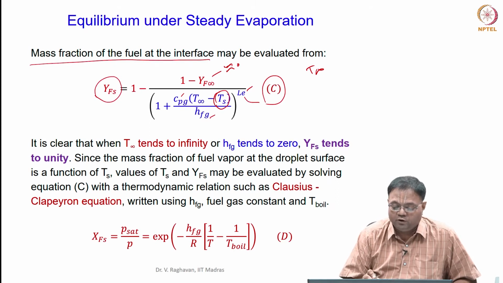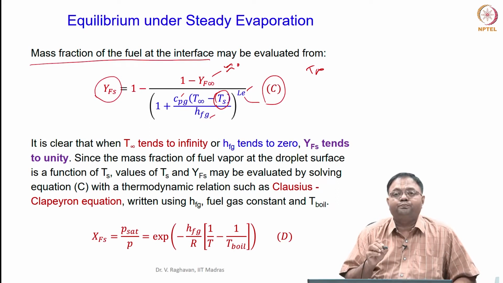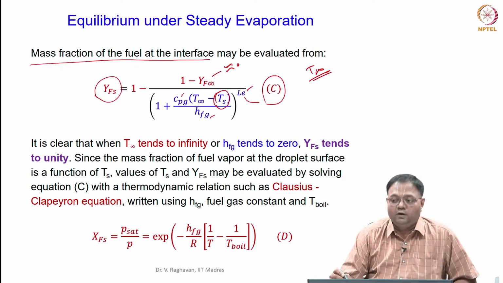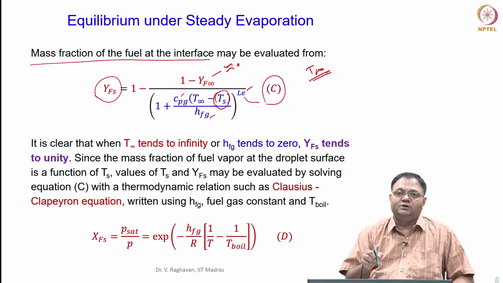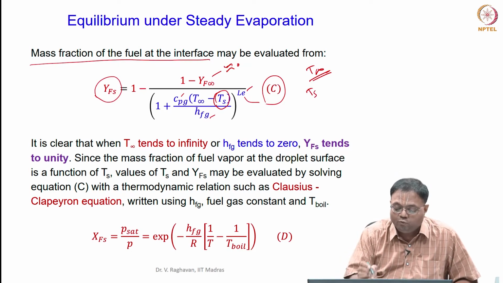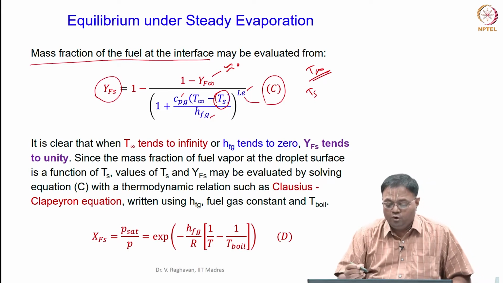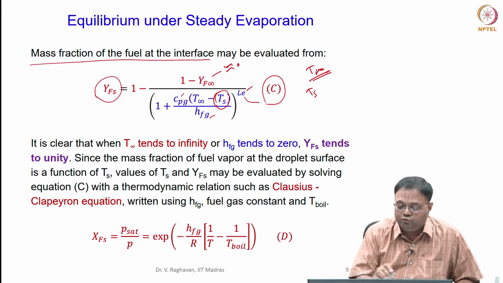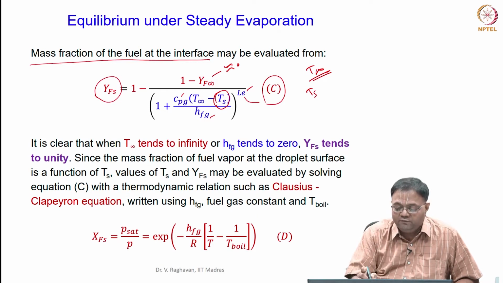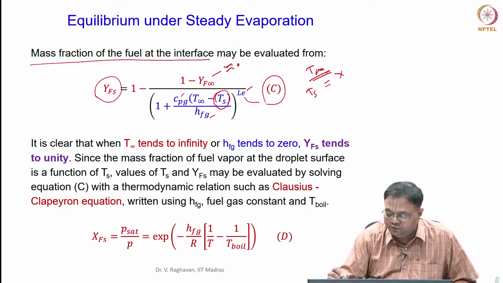So what we can do is ask: what is the equilibrium temperature for a given T infinity? There is a particular temperature which will be Ts, and that will obey this equation. Do you understand? When you try to equate these two, there is a particular temperature Ts which will give a value of the mole fraction.